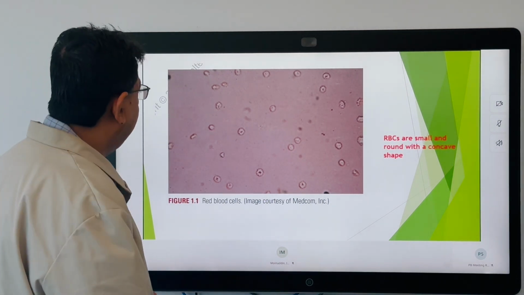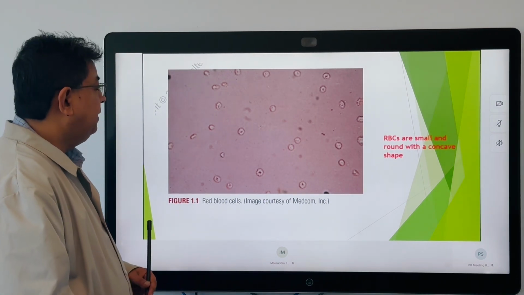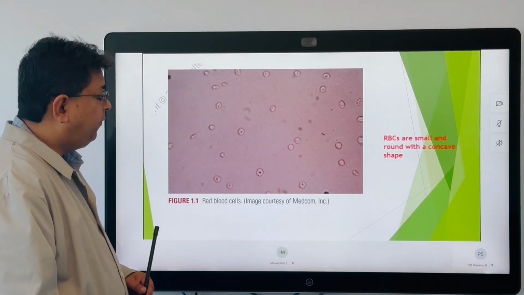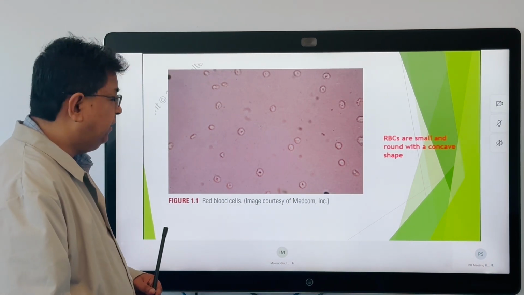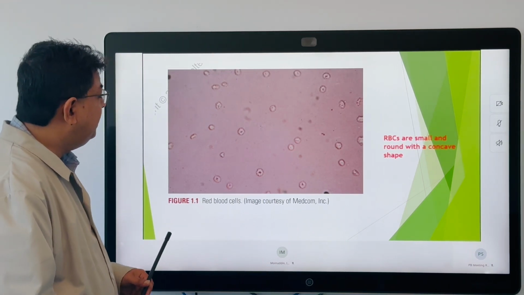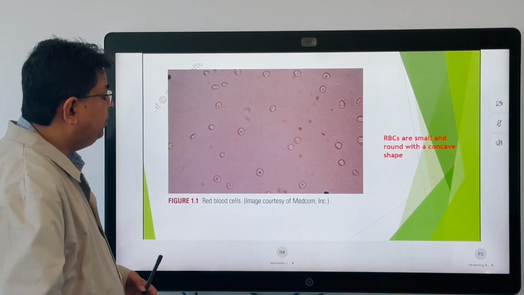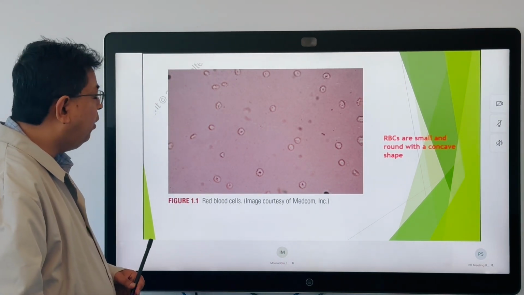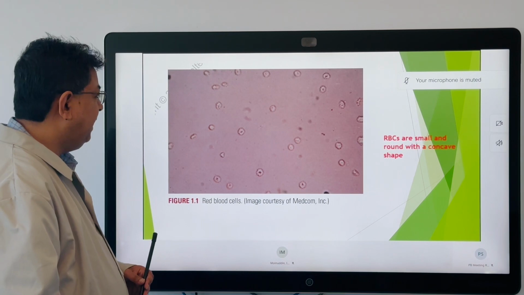Urine microscopy is done to look for red blood cells and to look for casts and crystals. This is the appearance of red blood cells under urine microscopy. Red blood cells are small, round, with a concave shape.